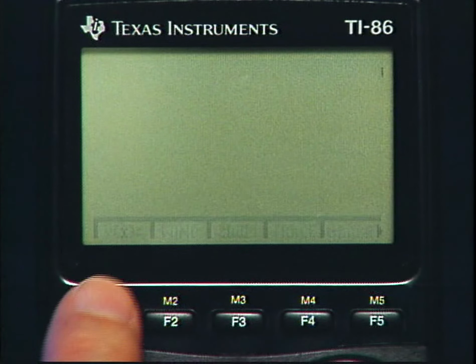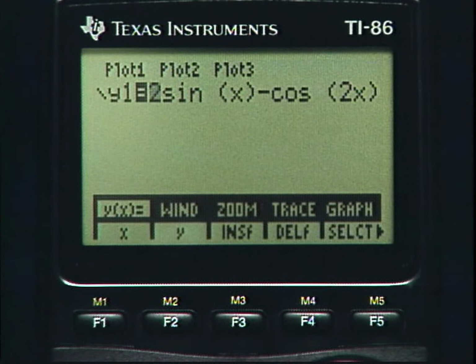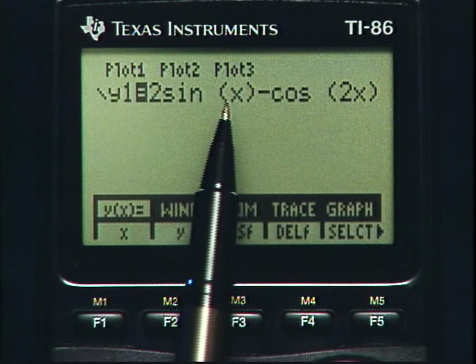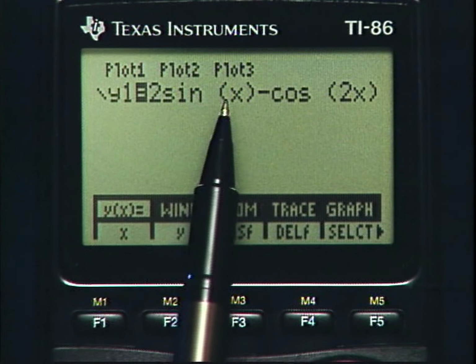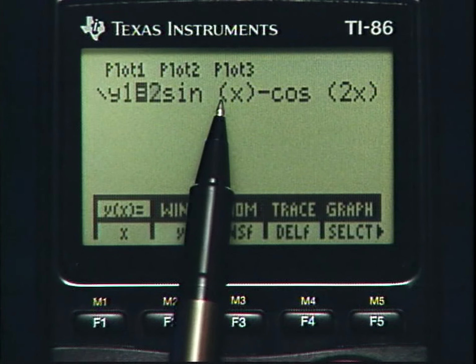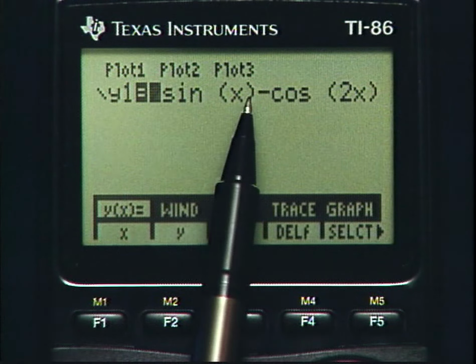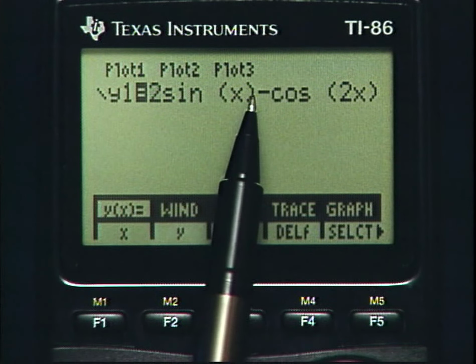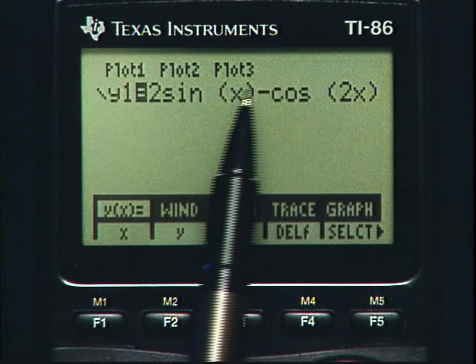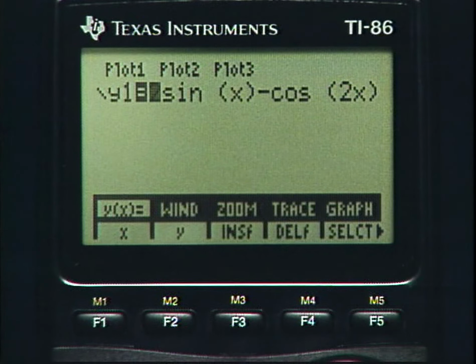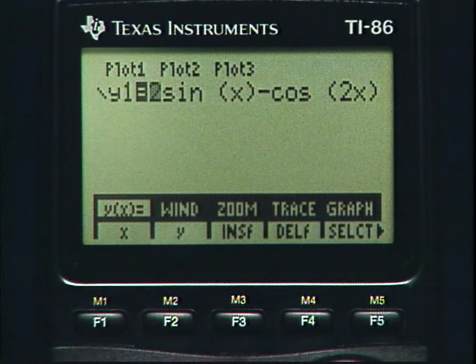Now notice that I have already entered the function, and incidentally, I don't want to get too far along here without mentioning, when I first entered this, the TI-86 doesn't automatically prompt the use of opening parenthesis after sine and cosine. I had to enter these myself, and without them the graph looked kind of funny. If you have a TI-86, you might experience that from time to time, so just be careful with the use of parenthesis on the TI-86.